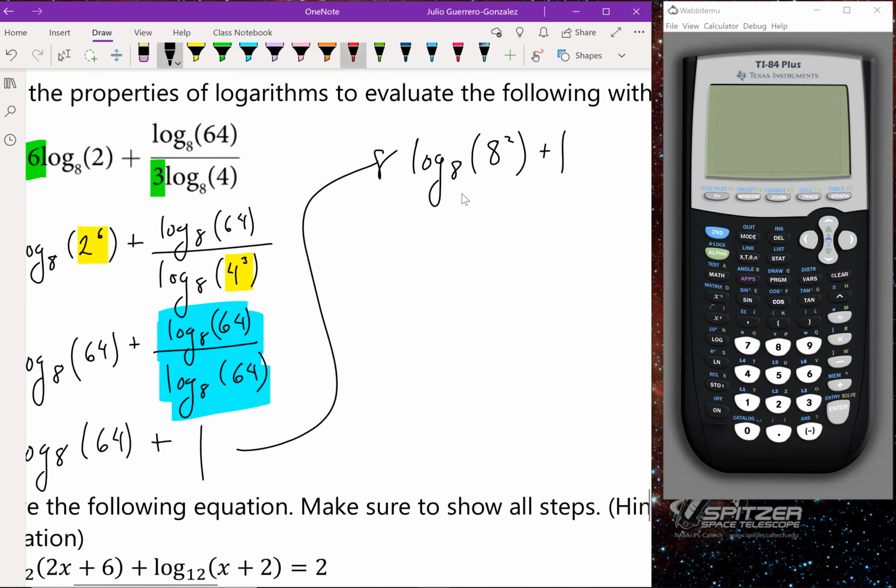And what does this reduce to? 2 log base 8 of 8, right? Plus 1. What does that become? 1. Yep.